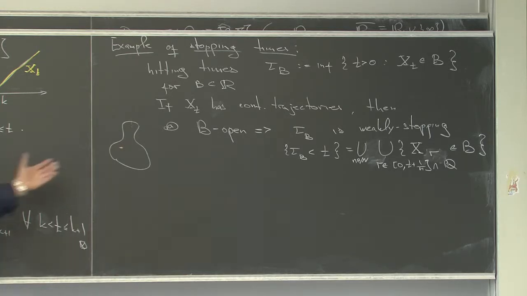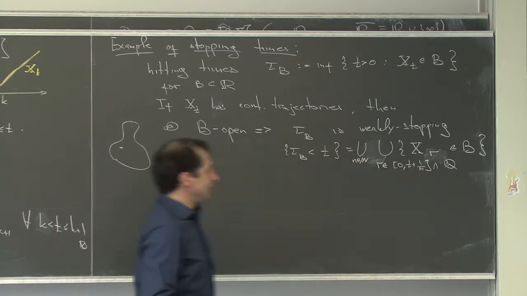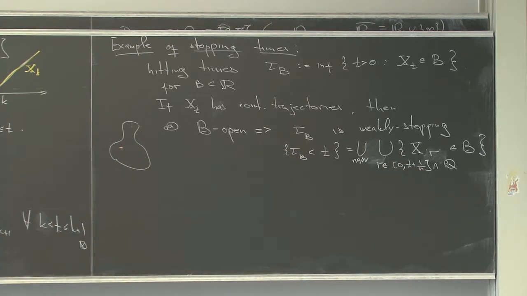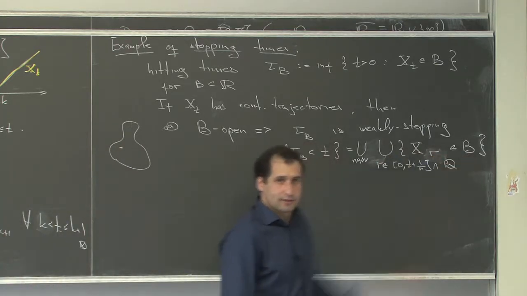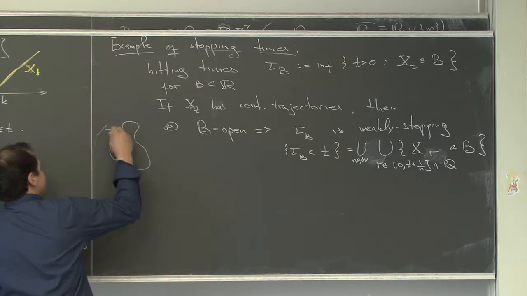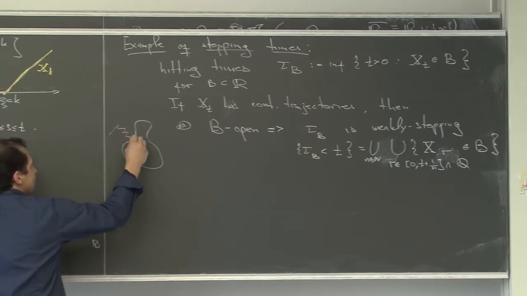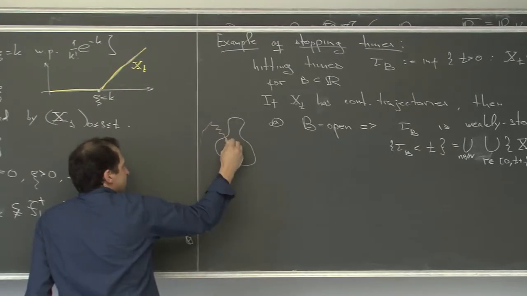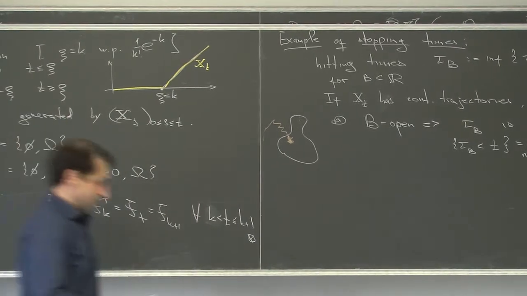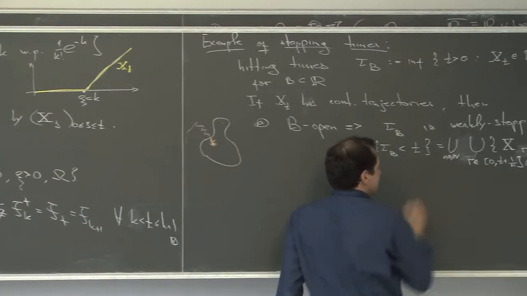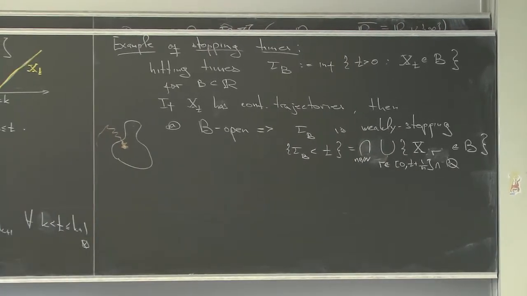And second, if I slightly enlarge my time interval, then I know that I'm already inside there. If the trajectory entered, then it was there in some neighborhood in time of this time. So this is indeed, and it should be a cap, right?